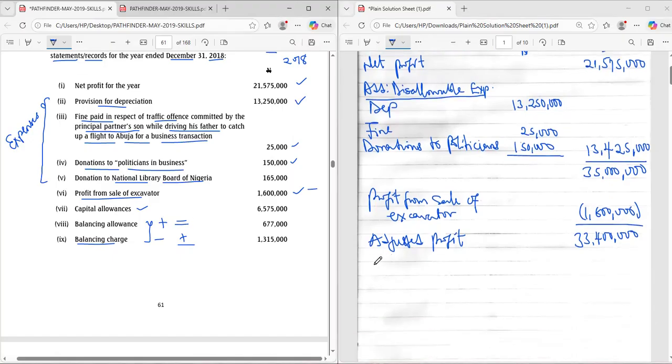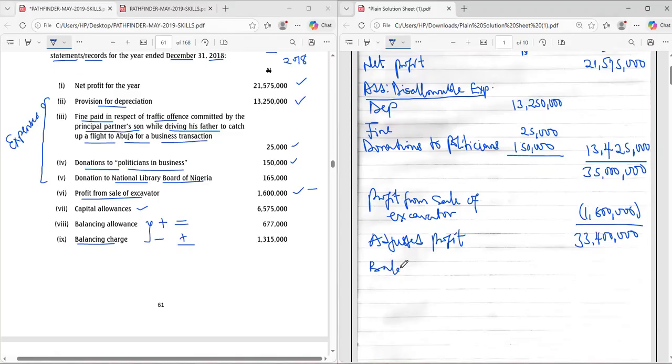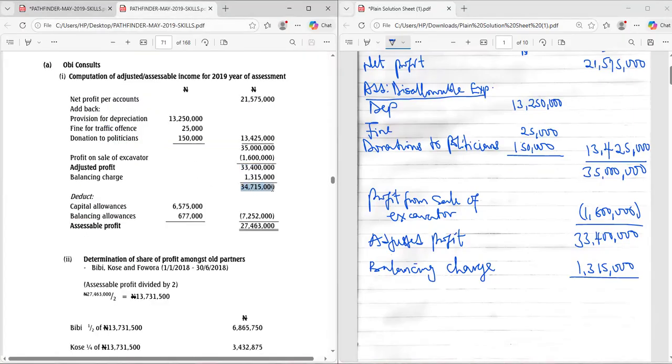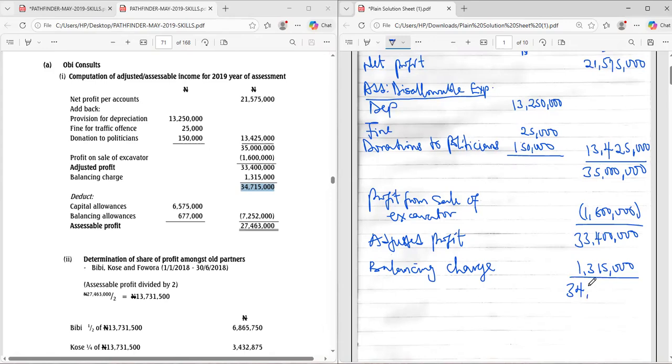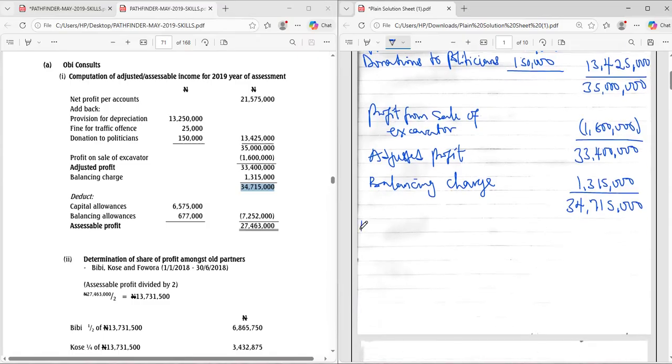So let's plus balancing charge first. How much is it? 1,315,000. Help me out. You should get 34,715. Confirm. Correct.